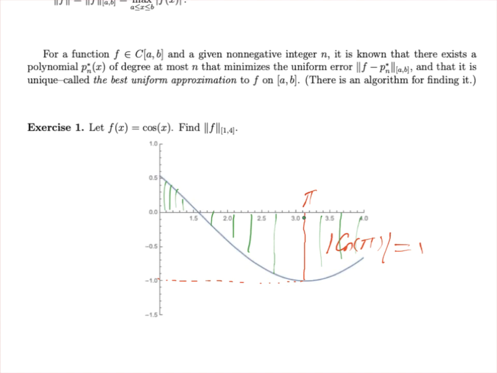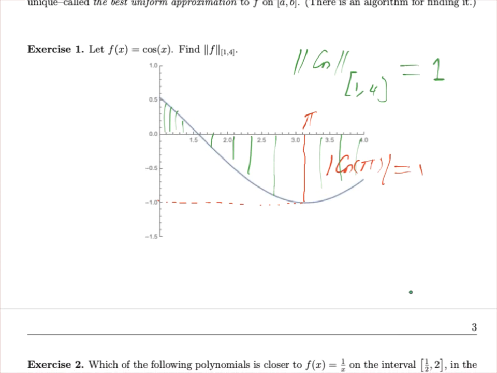The biggest happens at pi, and the norm of the cosine function on the interval 1, 4 is equal to 1.